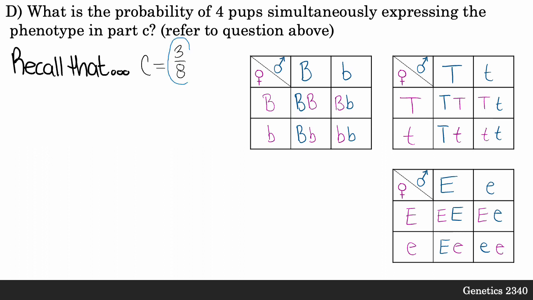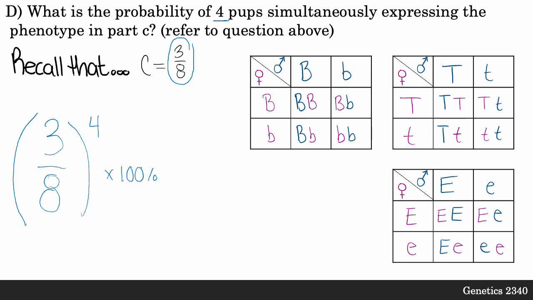Recall that in Part C we found that the probability of a single individual to produce this phenotype would be 3 over 8, and therefore to find 4 pups at the same time, we're going to take that value, which is 3 over 8, and we're going to put it to the power of 4, which is the number of individuals that we want to know have it at the same time, multiplied by 100% to get a percentage, which will give us 1.98% as the likelihood of that occurring all at once.